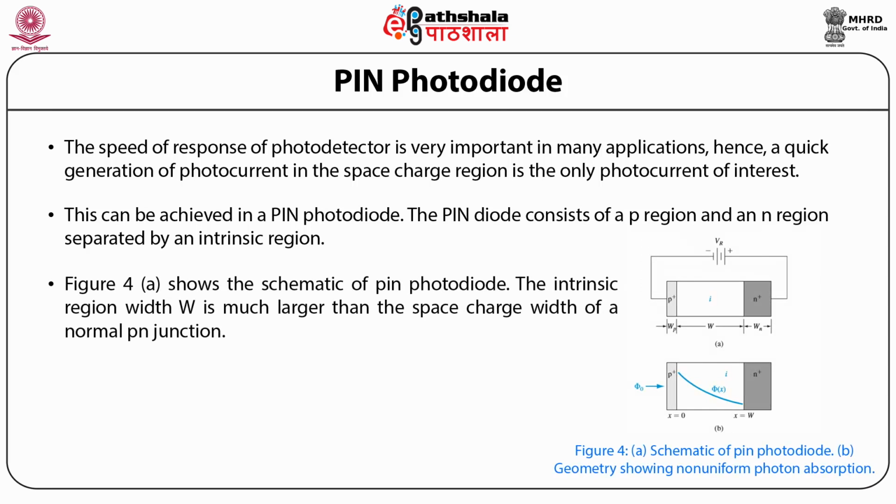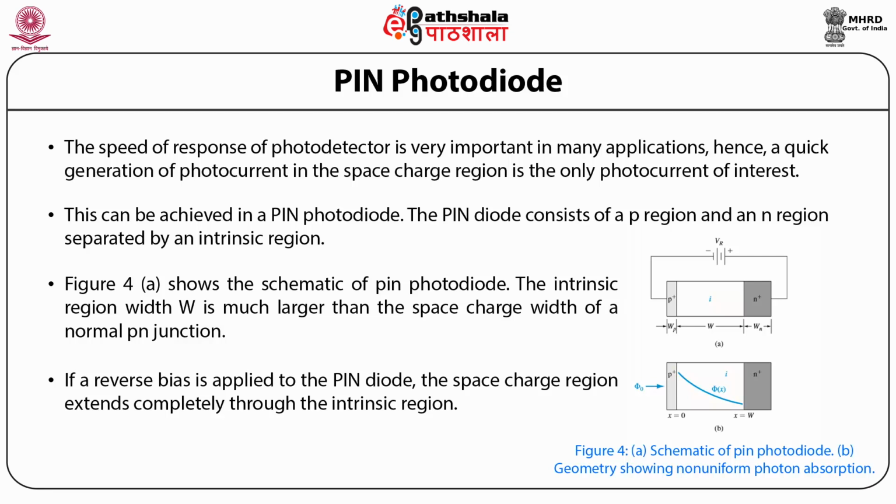This figure shows the schematic of the PIN photodiode, and the intrinsic region width W is much larger than the space charge width of a normal PN junction. If a reverse bias is applied to the PIN diode, the space charge region extends completely through the intrinsic region.